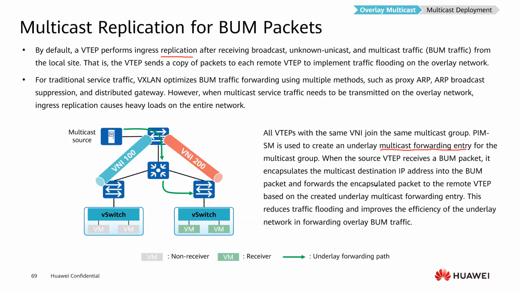When the source VTEP receives a BUM packet, it encapsulates the multicast destination IP address into the BUM packet and forwards the encapsulated packet to the remote VTEPs based on the created underlay multicast forwarding entries. This avoids traffic flooding and improves the efficiency of the underlay network in forwarding overlay BUM traffic. So we use the underlay multicast to reduce the resource cost for the overlay.